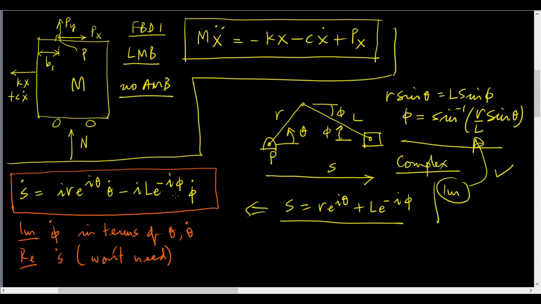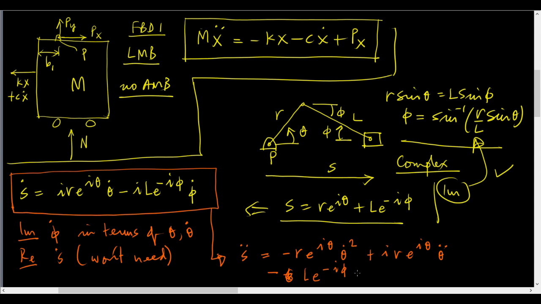Okay, very good. But now I will differentiate this again, and when I differentiate this again, then I will get S double dot is equal to minus R e to the I theta, theta dot square plus I R e to the I theta, theta double dot plus L e to the power, no wait, minus minus I square, this is still minus, okay, minus I times minus I is just I square, that's minus L e to the power minus I phi, but then minus I phi dot.